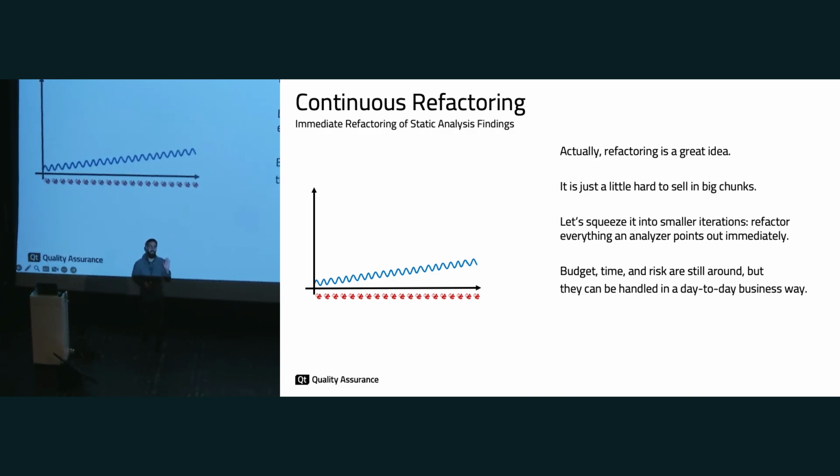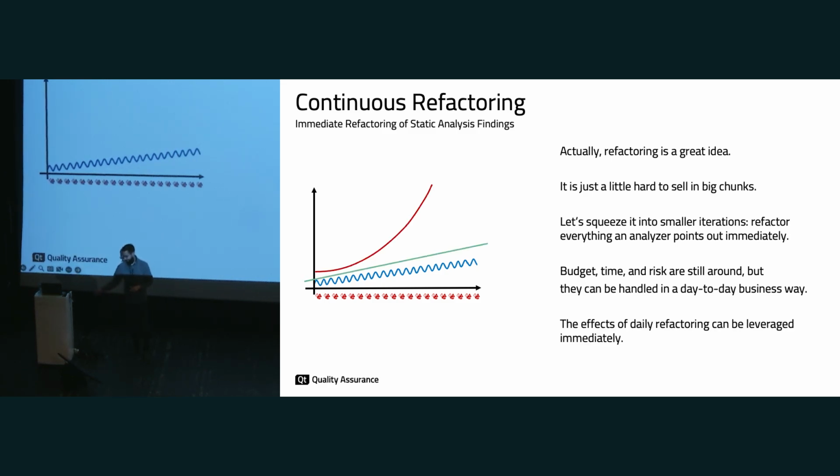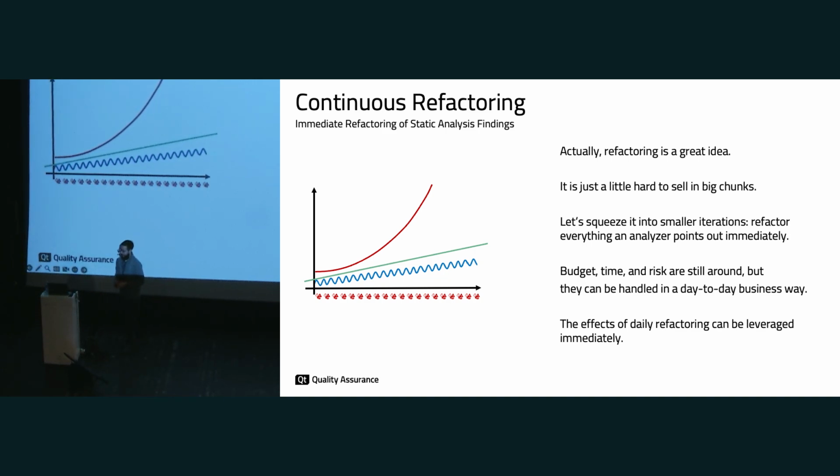I'm not promising there will never be a big refactoring needed, but if you do all the smaller ones, the risk and time consumption on the big one goes down. It can be leveraged immediately. The code that has the small need for refactoring just never makes it to production, because you can immediately factor out these defects.